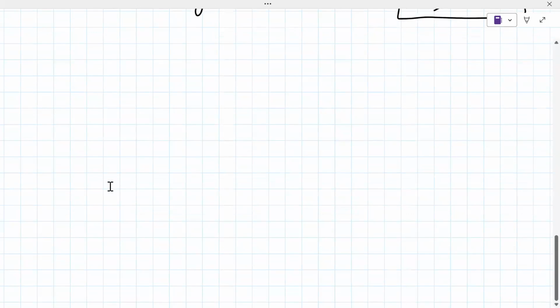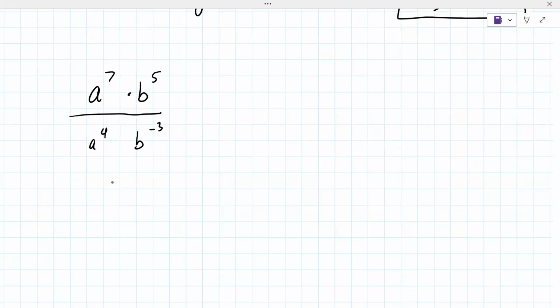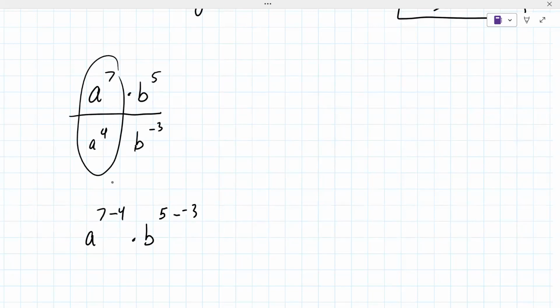So the other possibility here is you might get more than one variable. So you might get something like a to the 7th times b to the 5th over a to the 4th, b to the -3. So the same rules apply. You're going to subtract the exponents. So it's going to be a to the 7 minus 4 times b to the 5 minus -3. Okay, and notice you're subtracting, even though it's negative, you subtract the bottom there.